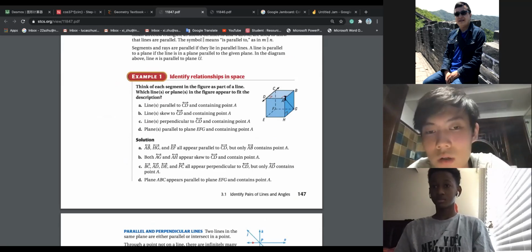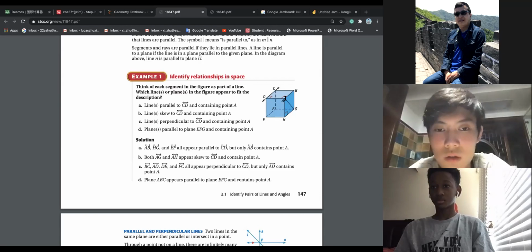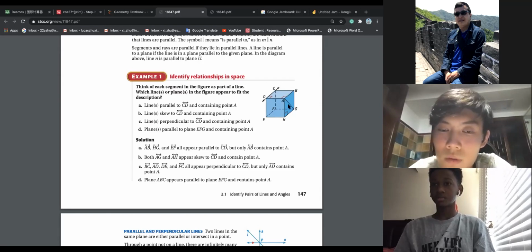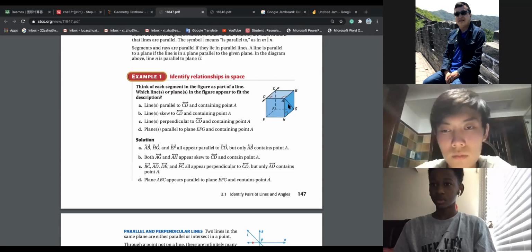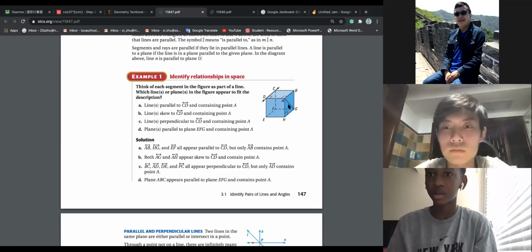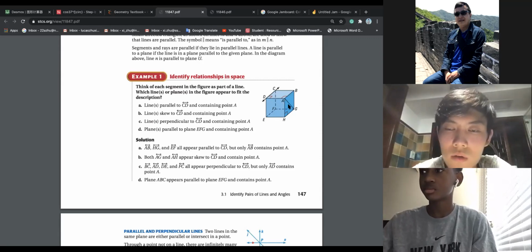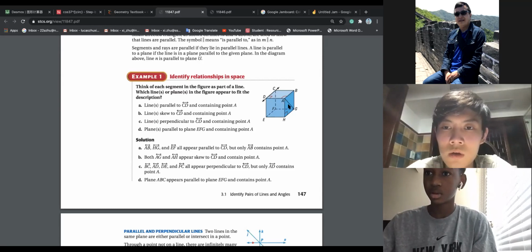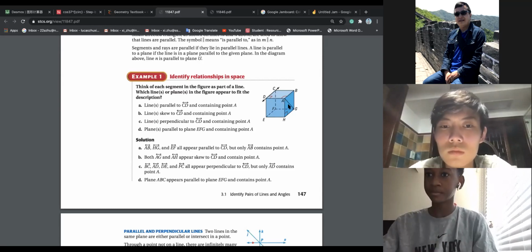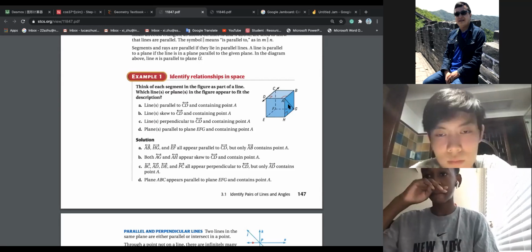So which one fits the description? They're parallel. Same plane. AB. Yep, AB, that's correct.